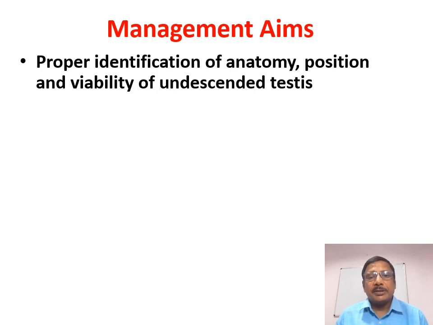Now comes the management. What are the treatment aims or the management aims? First and foremost is proper identification of anatomy, what is the position of the testis, and whether this testis is viable or not. And that we will come to know through all the investigations we have discussed previously.